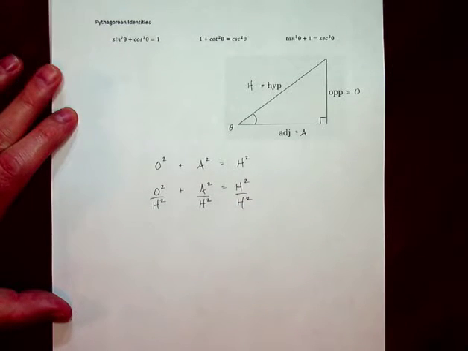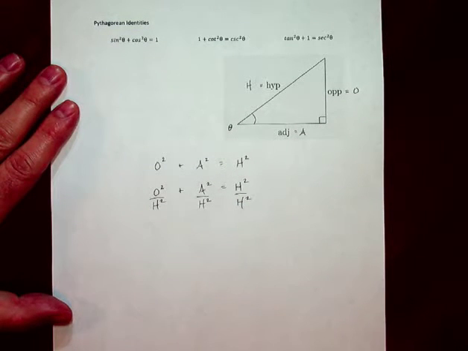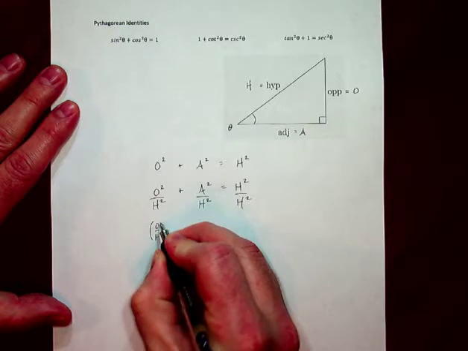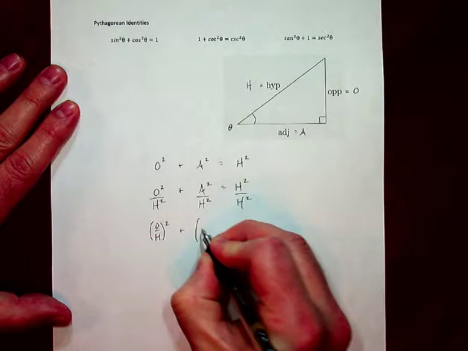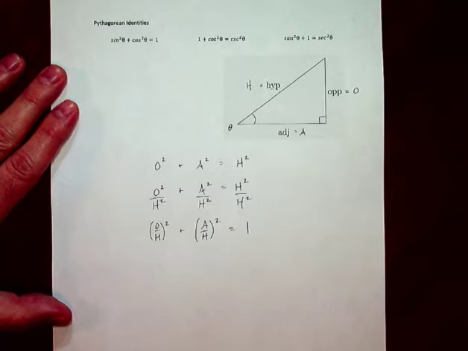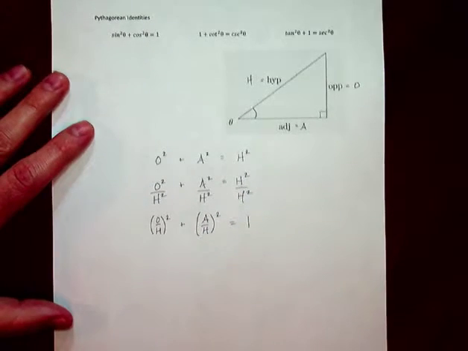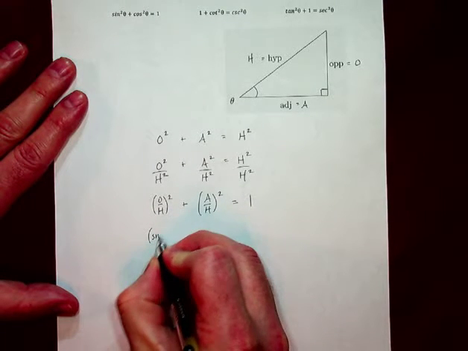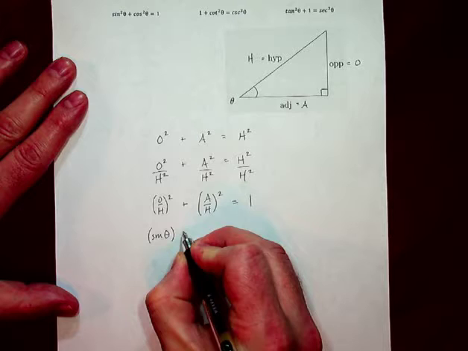Now, using rules of exponents, I actually can change these into that. Oh my gosh, well, opposite over hypotenuse, gosh, that's sine, right?